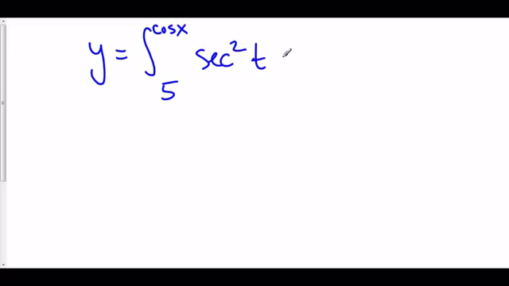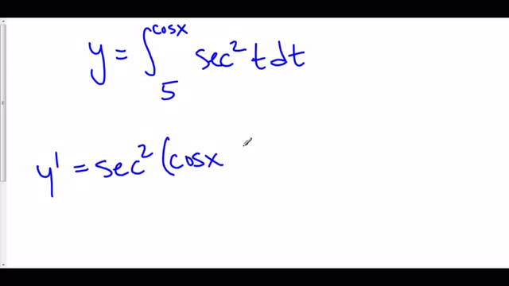Let's try one more. What if you took y equals the integral from 5 to cosine of x of secant squared t dt? Well, for y prime, you would plug cosine x into t, so we have secant squared of cosine x, times the derivative of cosine x, which is negative sine x.